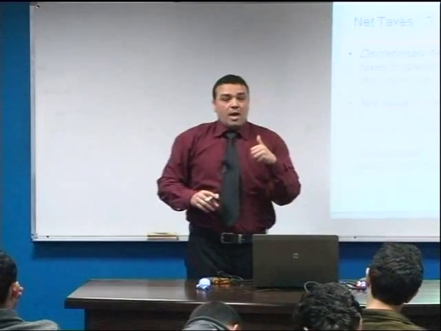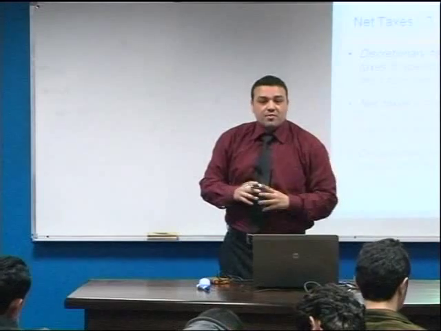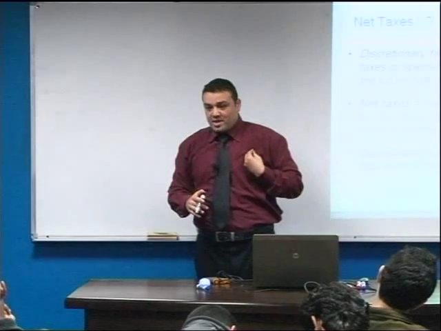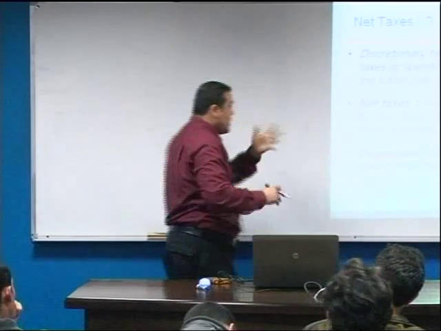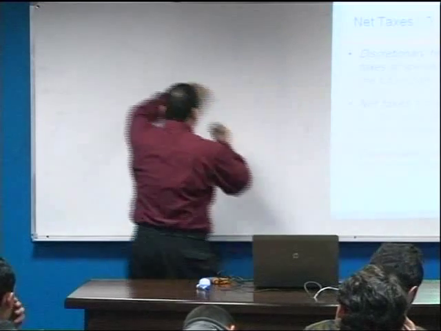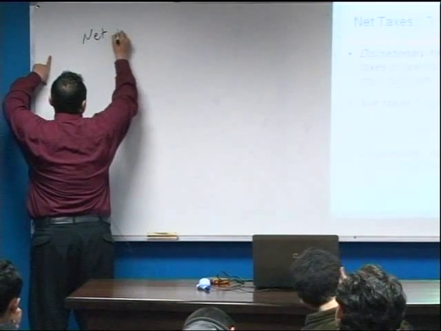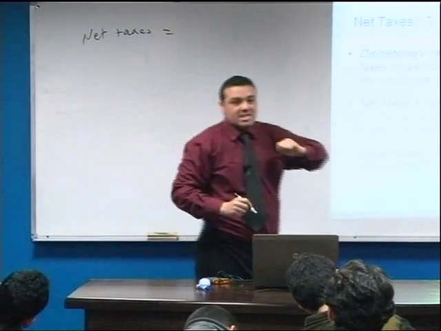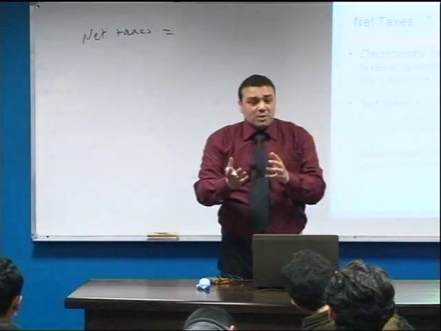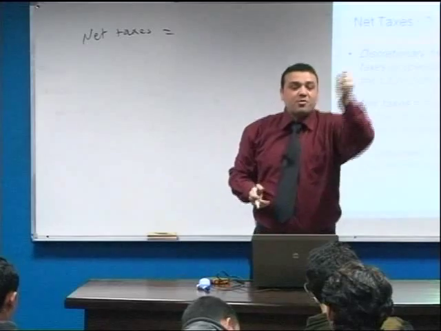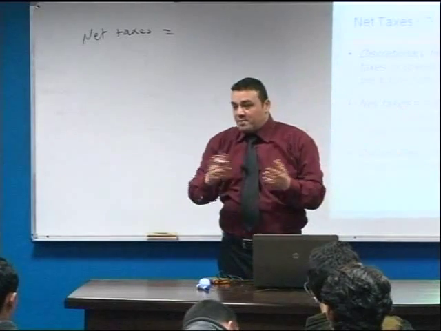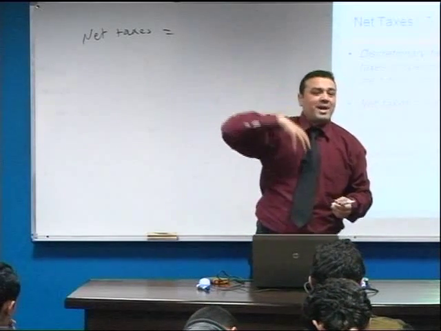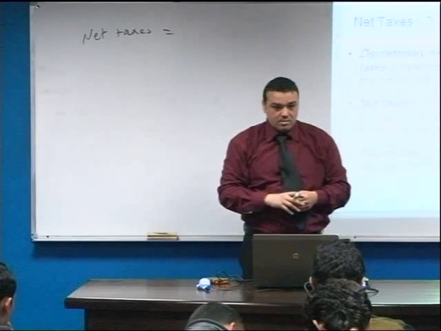So part of our income will go to the government as a tax, and we might receive transfers from the government, so we have the term net taxes. The net taxes are the difference between the taxes paid to the government by the households and the business sector, and the transfers, the payments transferred by the government to the households and business sector.